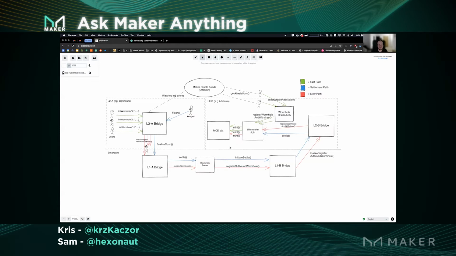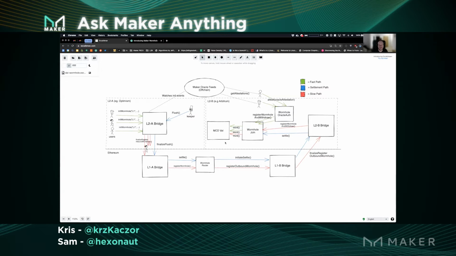And then we have one more thing, which is a slow path. So this idea works great if we trust the Oracle system. And Maker already has some pretty big exposure to our Oracle system, so I think it's fine.